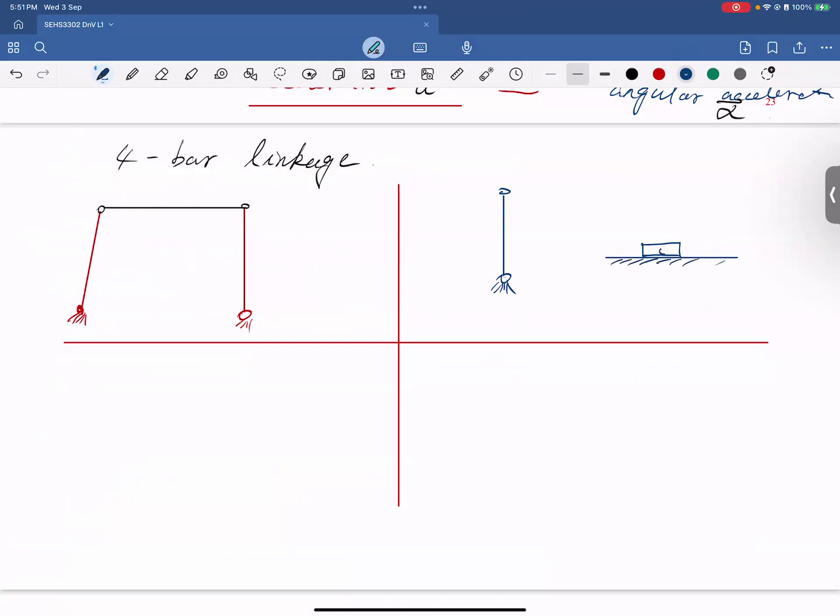And we can link them up so that if this one rotates, this slider will slide along its rack. Right? And the slider moves back and forth as the roller rotates. We call it a crank slider.